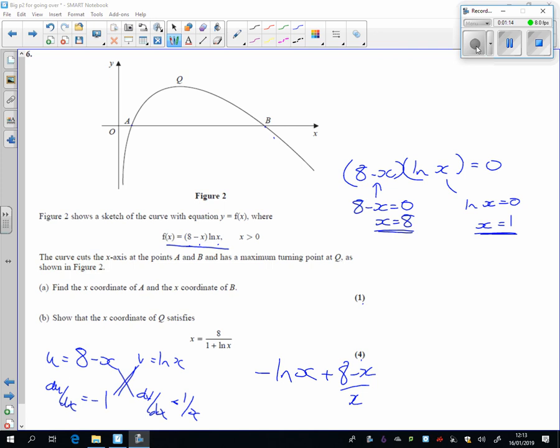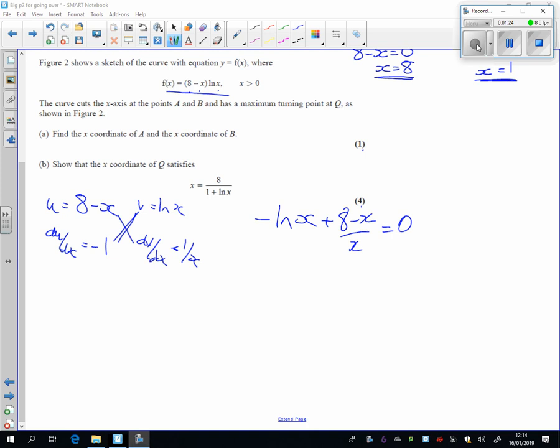We want this part here, point Q, we want that gradient to equal 0. So I'm going to put equals 0 there and get some more space. And all I'm looking at now is trying to manipulate this to try and look like this bit here. So it's not immediately obvious. So I'm going to add the ln x to both sides. That's going to give me that.